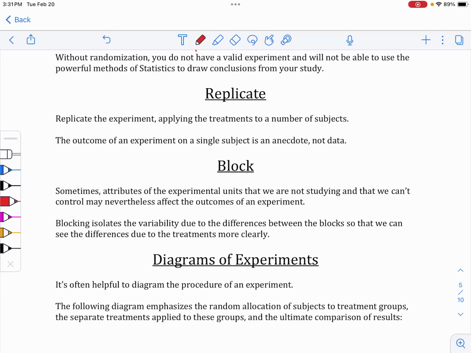And then blocking. This is only an if-needed idea. Blocking is identifying an attribute that you can't randomize out. All studies have sampling variability, all experiments, everything. But sometimes things affect people differently. What is the biggest difference between humans?